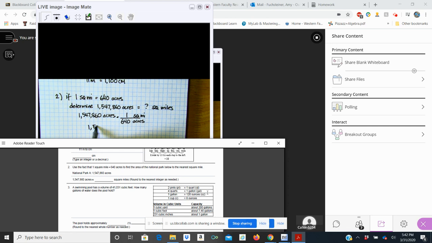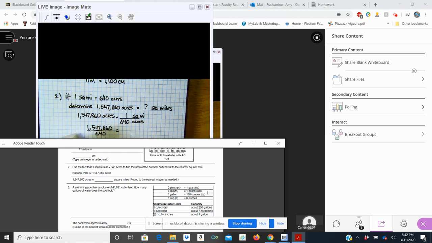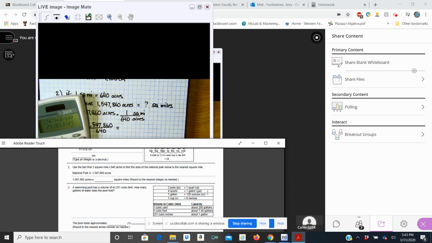And we would take the 1,547,860 and divide that by 640. To get 2,418.5 square miles.